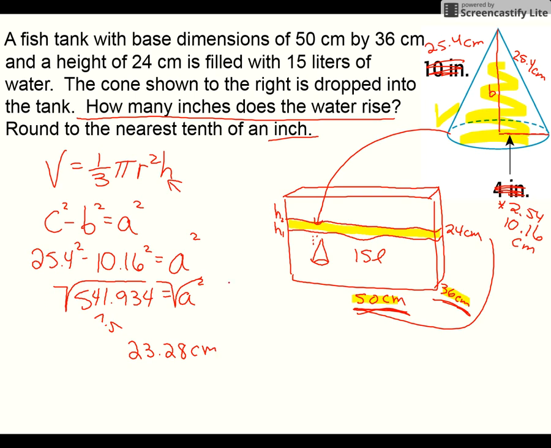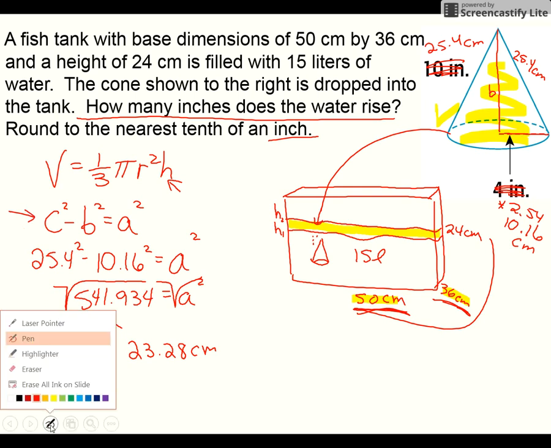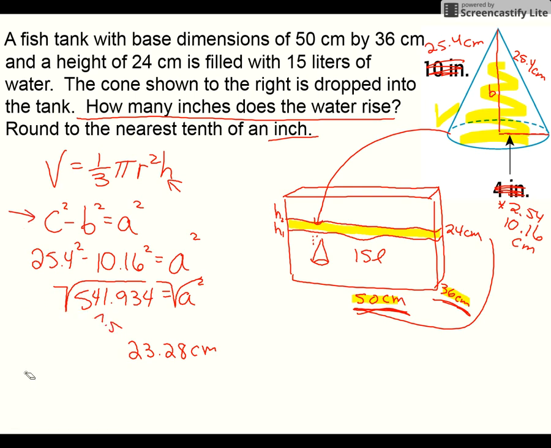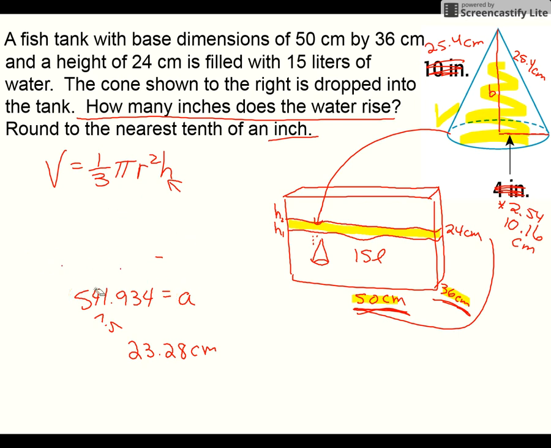So now let's go ahead and put that in. So the volume will equal, I'm running out of space here a little bit. Actually, I'm going to erase this stuff here. So you can always go back and pause it and see this part again. I'm going to now substitute it because I'm running out of space. So there's our 23.28. We're going to put that in for the height. So I get the volume of the cone, 1/3 times 3.14.